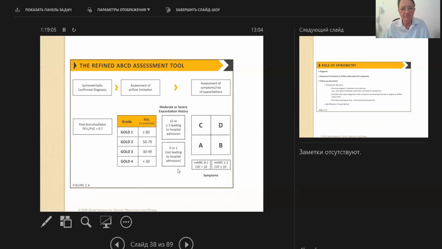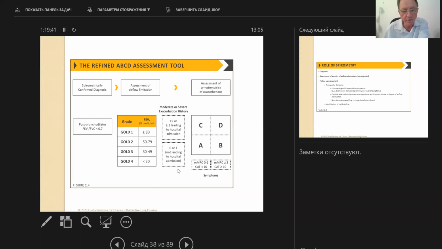All patients with COPD can be divided into 2 categories: patients with frequent exacerbations and patients with rare exacerbations. Exacerbation in COPD is a risk factor for premature death and reduced lifespan, and we can influence this exacerbation. That's why it's a very important thing.